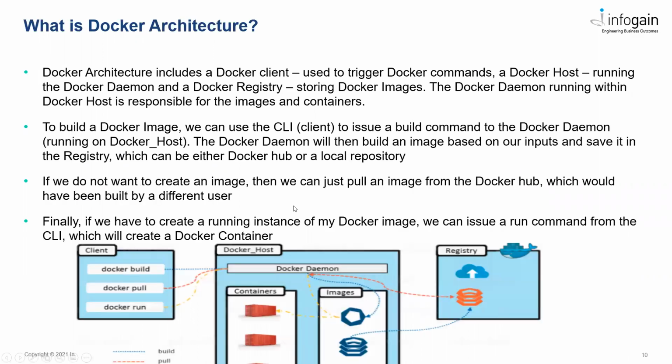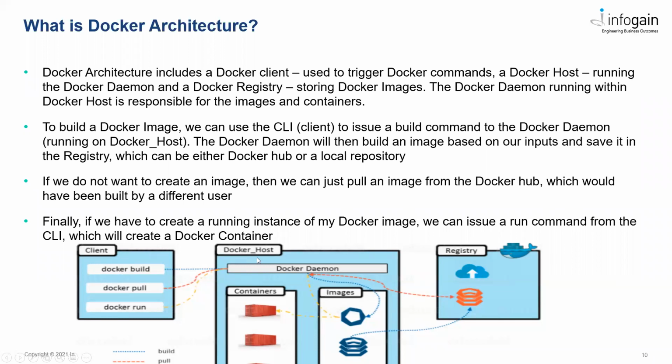Okay, again I'm repeating the same things, but it's a big picture. In a client, we run the commands: Docker host, client and host. There are two terminologies coming here. Why are these two separate things here, guys? Because I am on a Windows machine. In terms of Windows, my machine is considered the client.